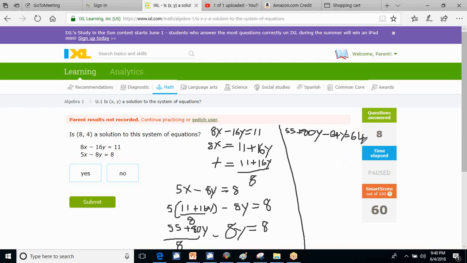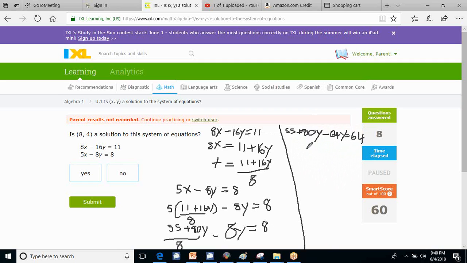All right. So what we can do now, we just simplify. So take all the numbers to one side and leave the letters on one side. So if we keep the letters on this side, 80 minus 64, what is that? 16.